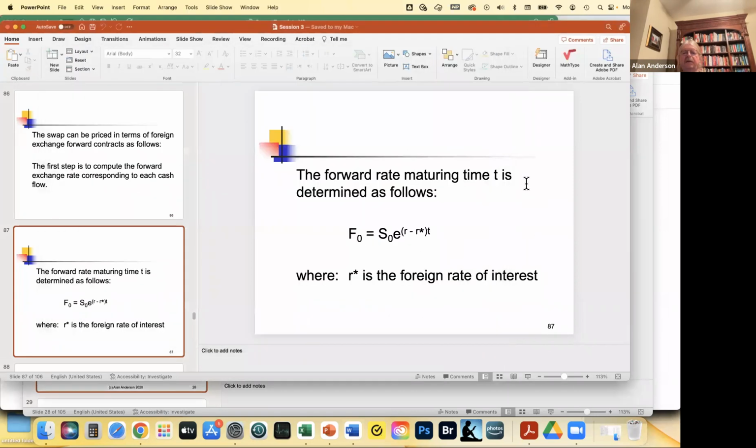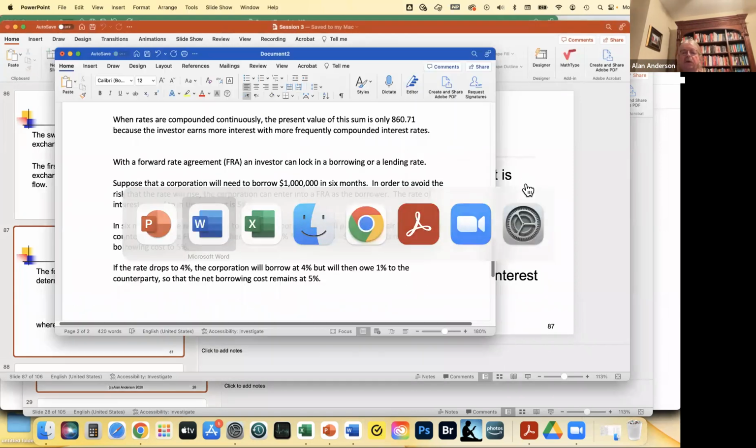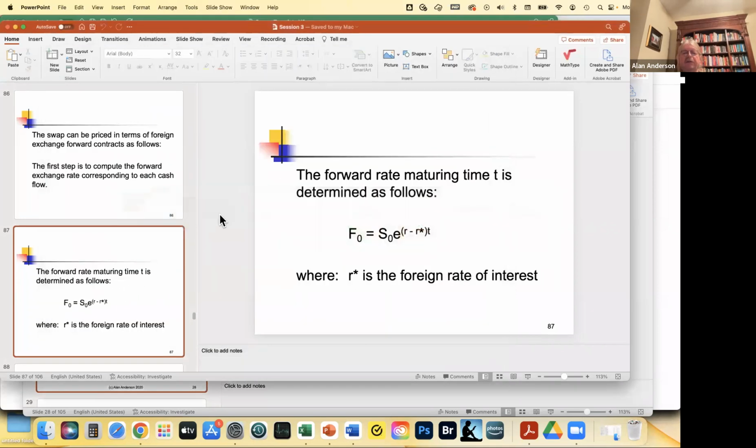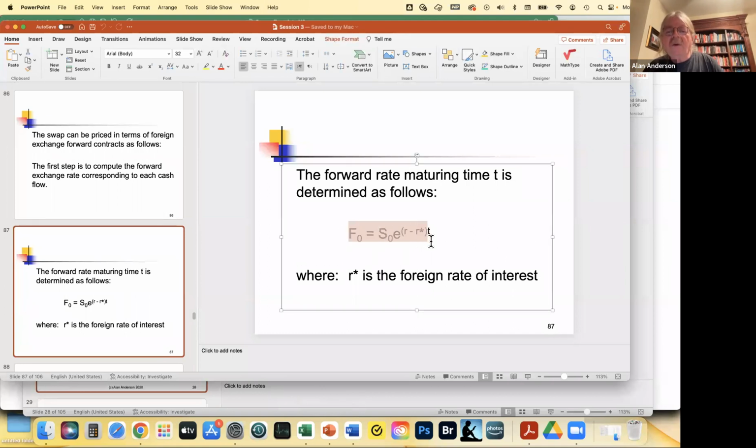We have this last example where we're going to price a currency swap by treating it as if it were a portfolio of foreign exchange forward contracts. And remember this formula. This is the one we used for calculating the forward exchange rate between two currencies.